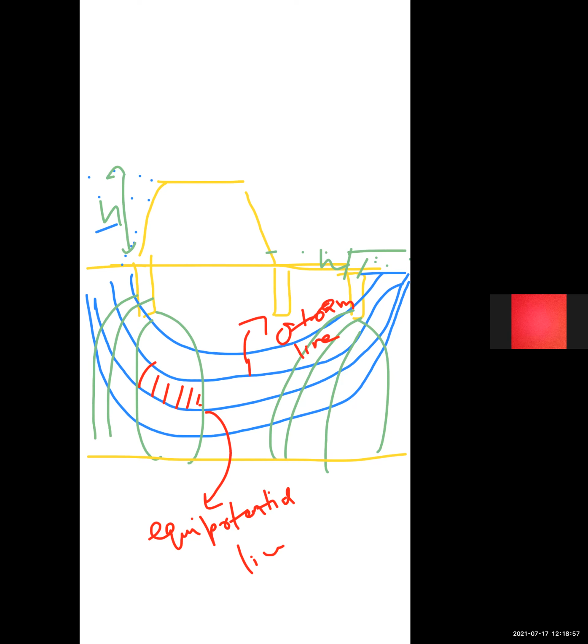For the soil grain to remain stable, its submerged weight should be more than this upward disturbing force. The disturbing force at any point is proportional to the gradient of the pressure of the water at that point, that is dp by dl, and this gradient of pressure of water at the exit end is called the exit gradient.